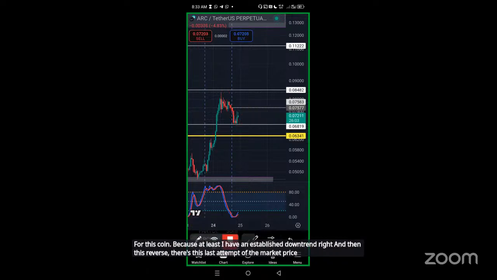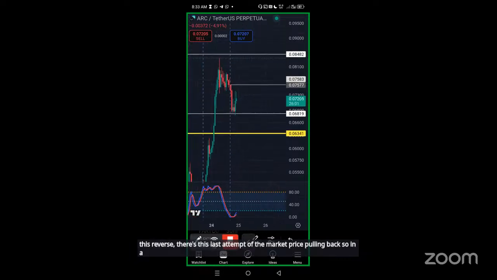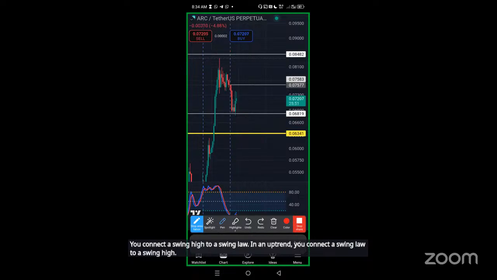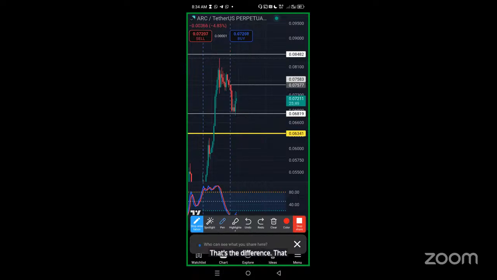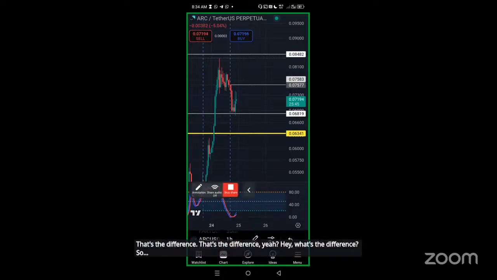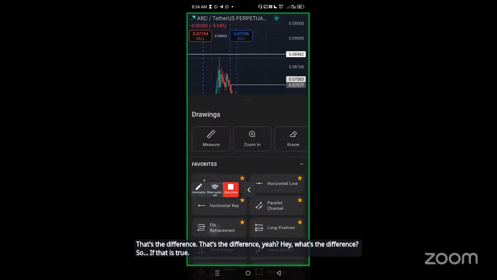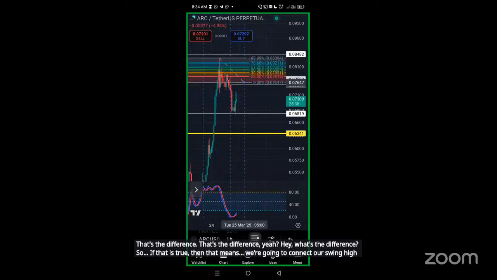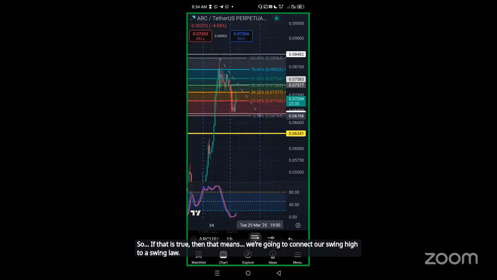So in a downtrend, you connect a swing high to a swing low. In an uptrend, you connect a swing low to a swing high. That's the difference, yeah? So if that is true, then we're going to connect our swing high to a swing low, like that.